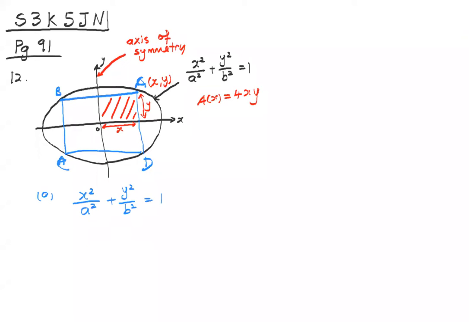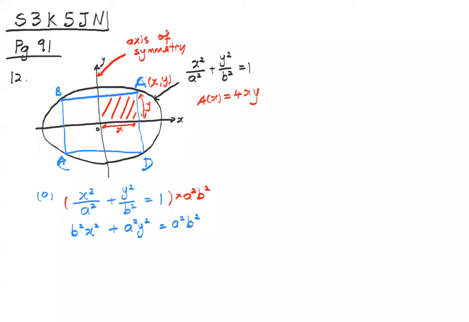Okay. Now, every time I see a fraction, correct? If I'm dealing with a fraction, what I will do is try to get rid of the denominator. So I times the whole equation with a squared b squared. Got it? So now you will have b squared x squared plus a squared y squared is equal to a squared times b squared.